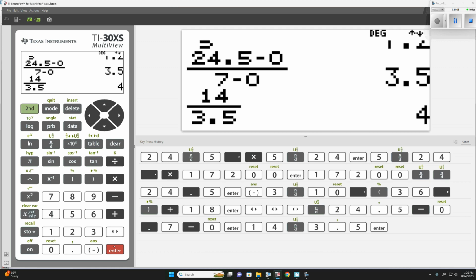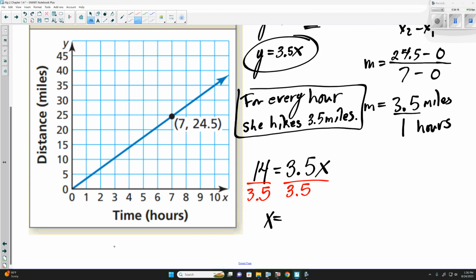Well, it's not like 4. It is 4. 14 divided by 3.5 is exactly 4. Another way we can look at it is 3.5 is every hour, so for 2 hours, 3.5 plus 3.5 is 7.